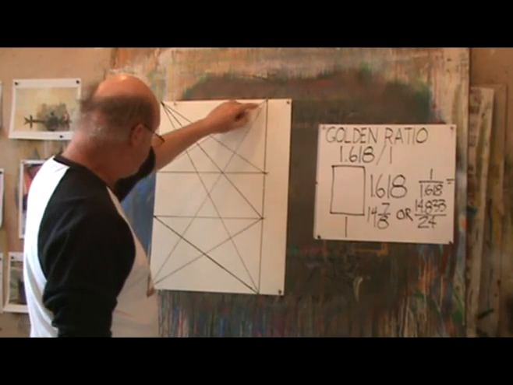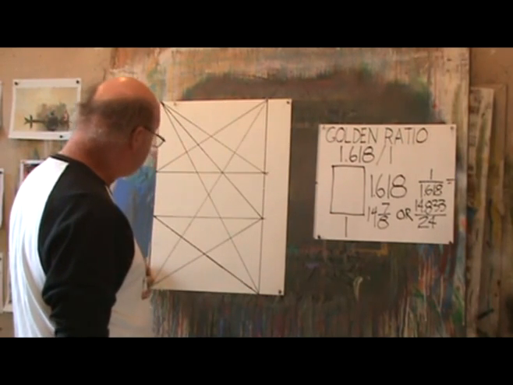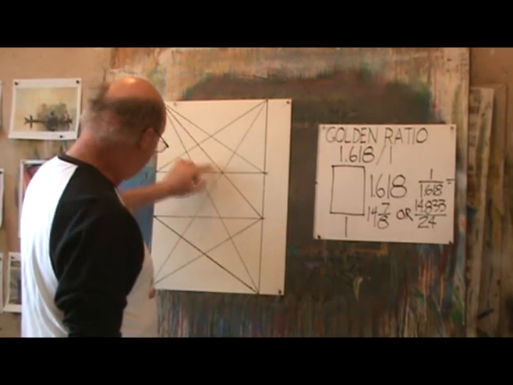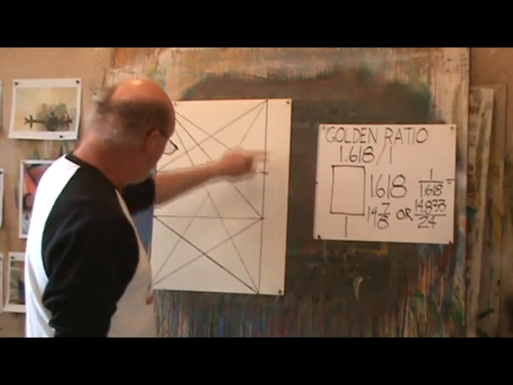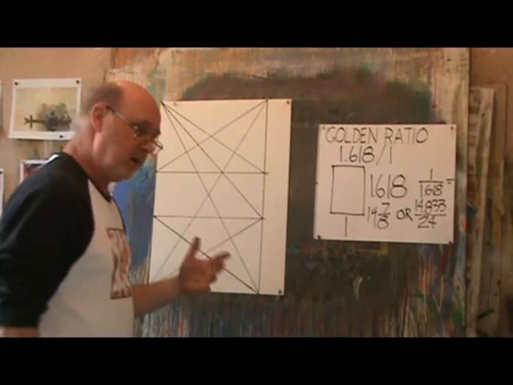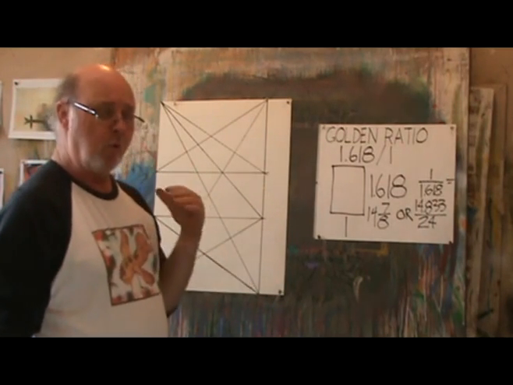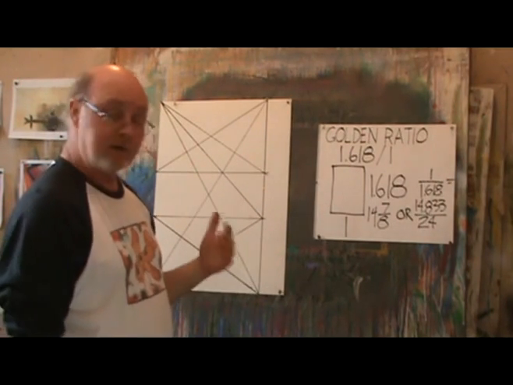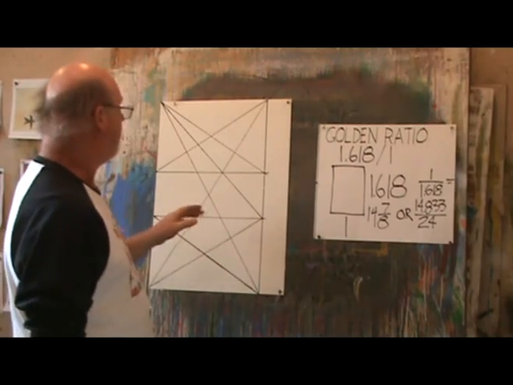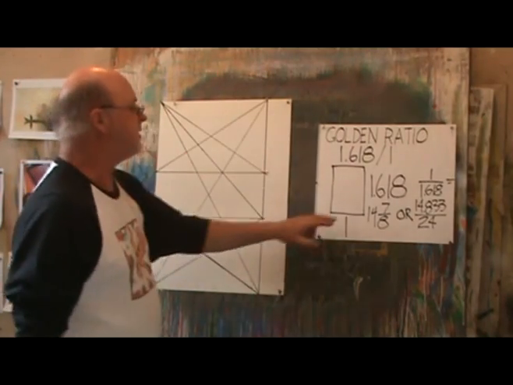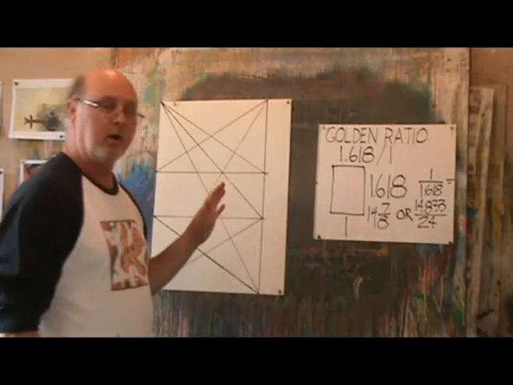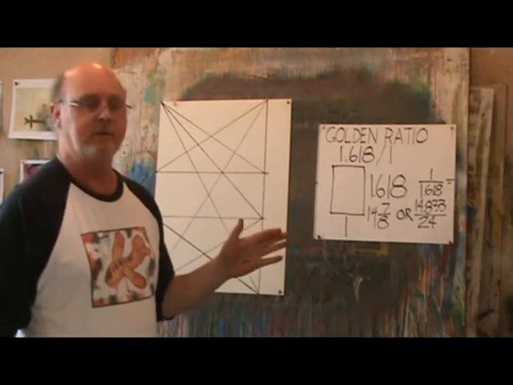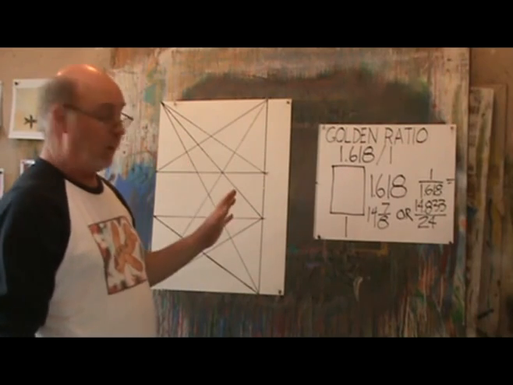So it's intersecting where this major diagonal is coming across, and where this is a diagonal across a square. So there's all these geometric coincidences that are cropping up because of the nature of this 1.618 ratio. This doesn't occur in other rectangles. It only occurs in this one.